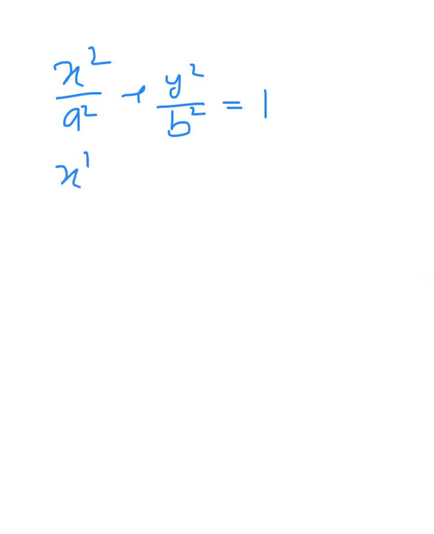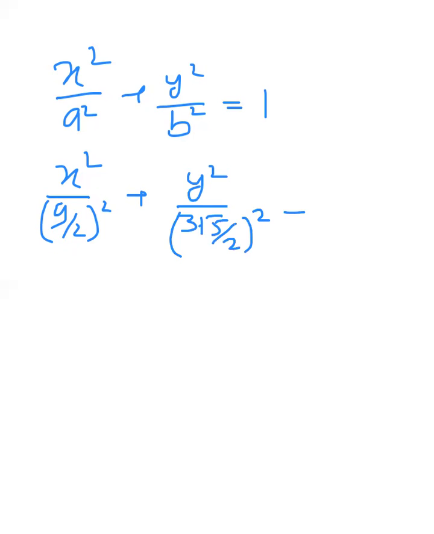So the equation of ellipse is x square upon a square plus y square upon b square equals 1. We are going to put the values in it. So it will be x square upon (9 by 2) whole square plus y square upon (3 root 5 upon 2) whole square equals 1.